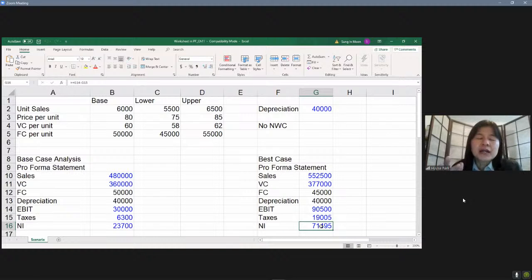In the real world, there may be some kind of relationship between sales volume, price and variable cost. Those variables are not moving independently, so we need to include that kind of dynamics in the planning as well.